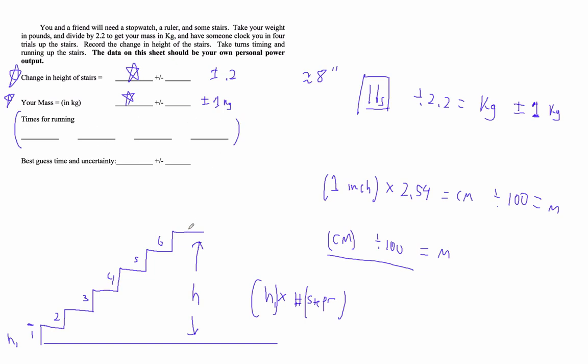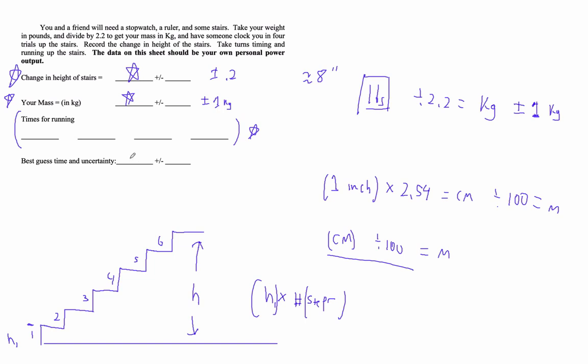If you're walking up the stairs, try to walk up the stairs at the same rate. If you're running up the stairs, try to run up the stairs at the same rate. That way this uncertainty will reflect a true uncertainty. It won't be that you just walked up the stairs in a different way.